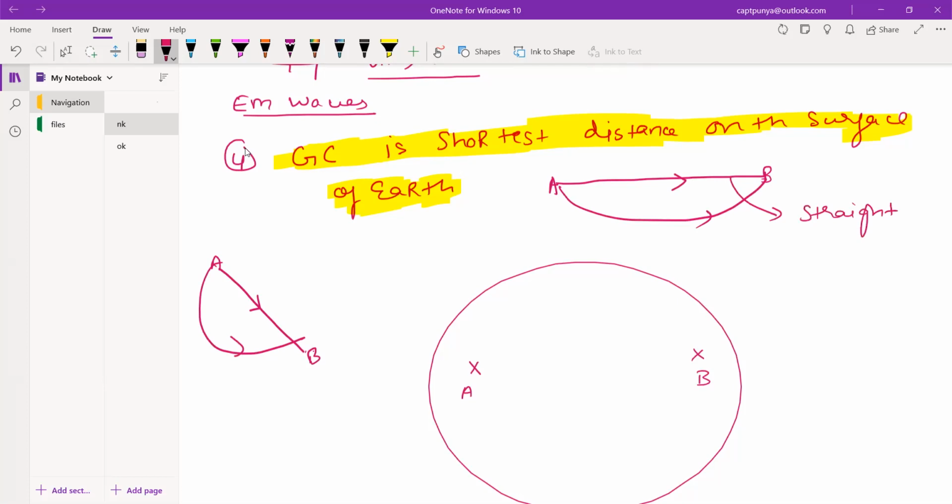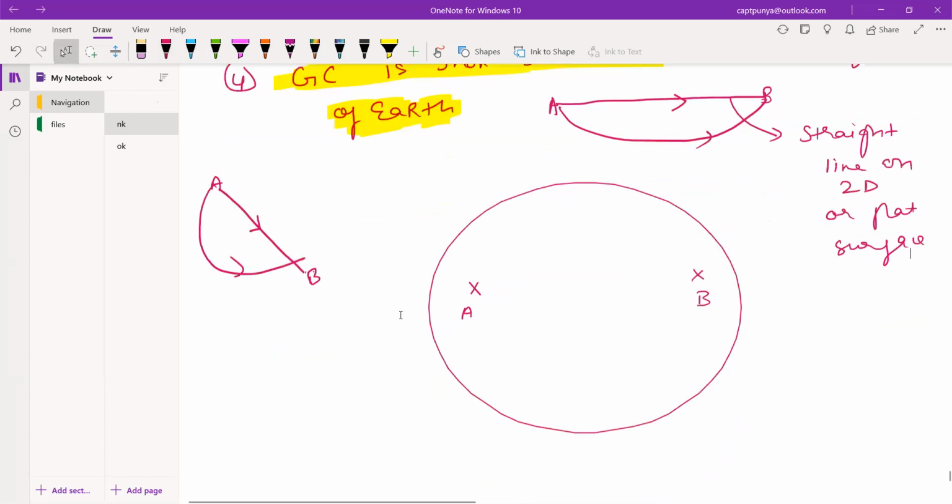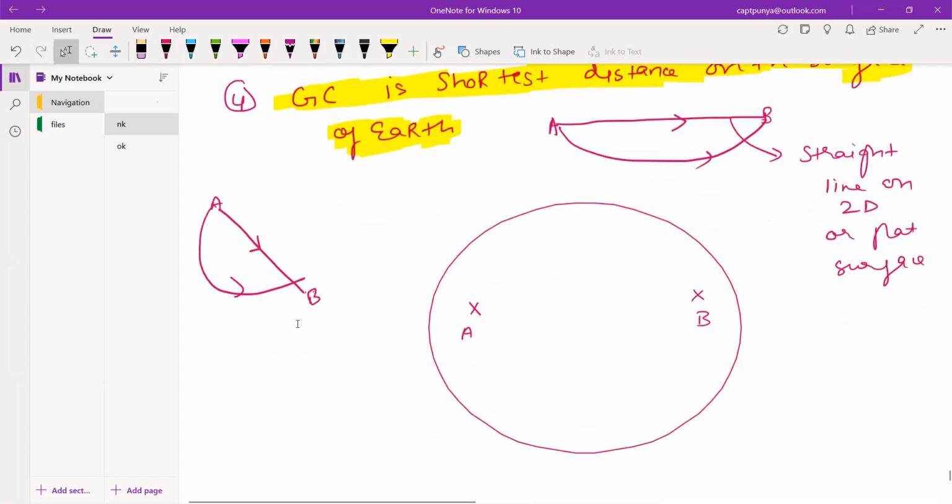So let me just write it down for you. A straight line on a two-dimensional, or let's say flat, surface will be the shortest path to travel between the 2 points. Now, guys, if you're traveling from A to B on the surface of the Earth, Earth is not flat, Earth is curved.